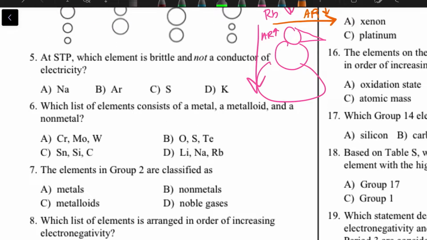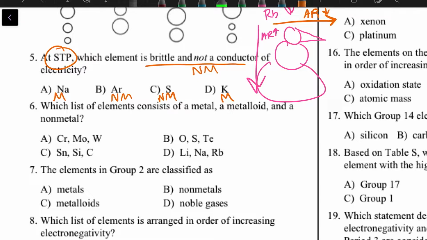Number 5, at STP, which element is brittle and not a conductor of electricity? For every unit except for gases, which is unit 6, we can ignore STP. It stands for standard temperature and pressure, but does not at all affect the question. Brittle and non-conductor sounds exactly like a nonmetal. So go ahead and identify each element. Sodium is a metal, argon is a nonmetal, sulfur is a nonmetal, and K, potassium, is a metal.